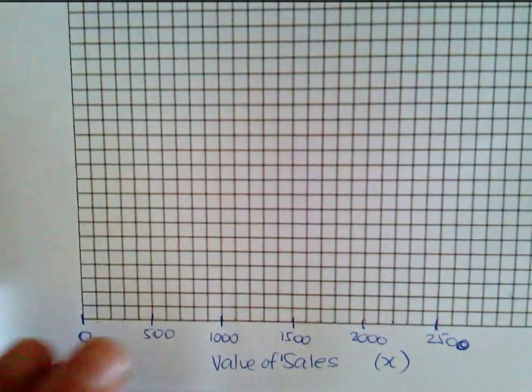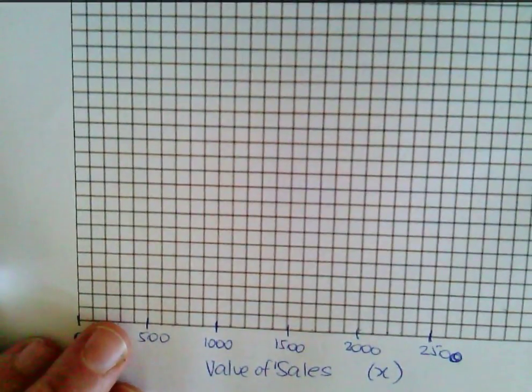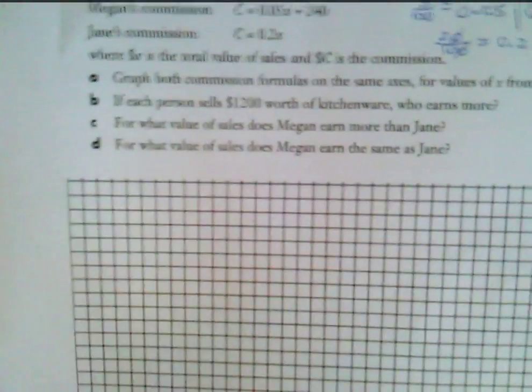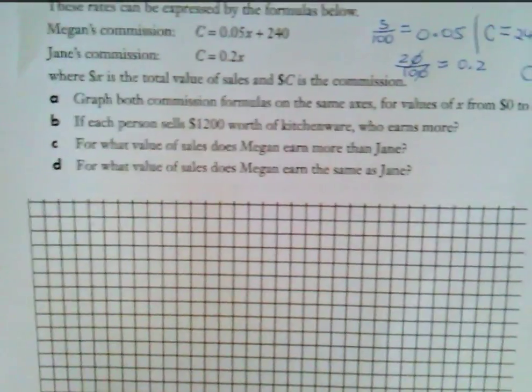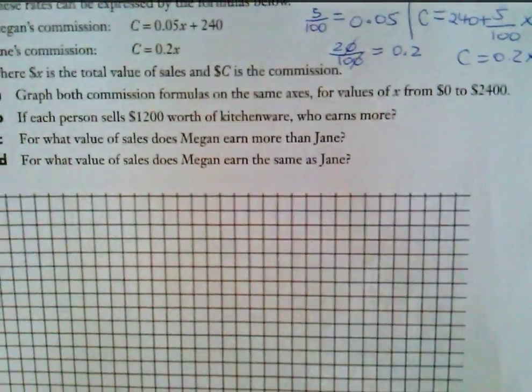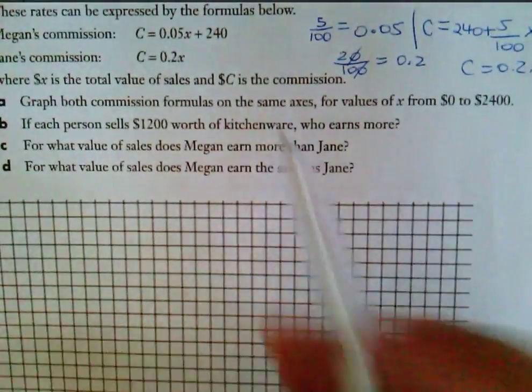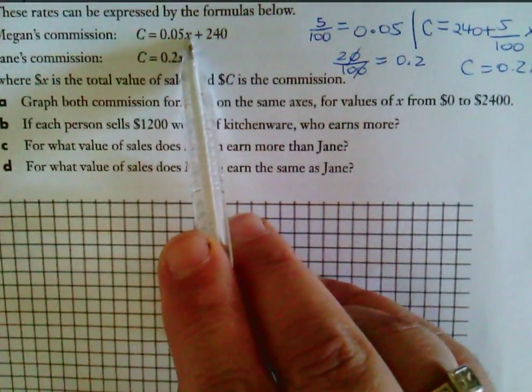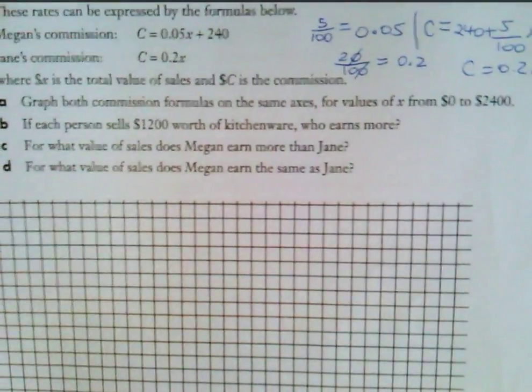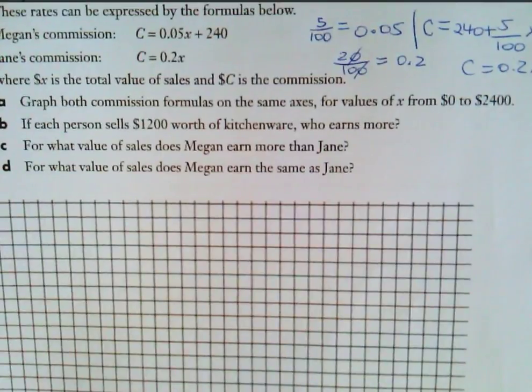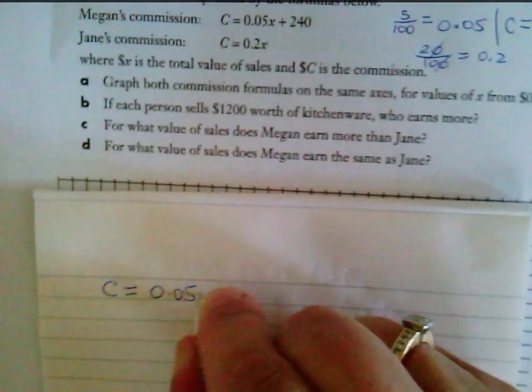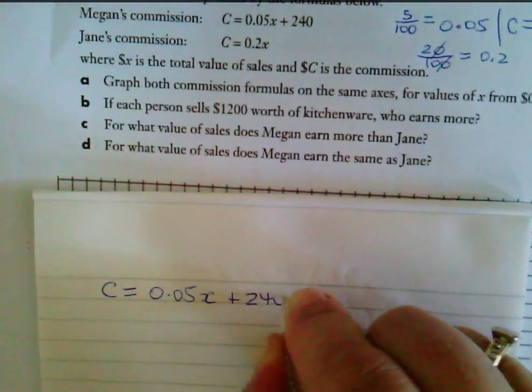What values of X do you have to substitute into this formula? From X is 0 to X is 2,400. So can you please put X is 2,400 in here, and we'll see how high the graph needs to go up. C equals 0.05x plus 240.